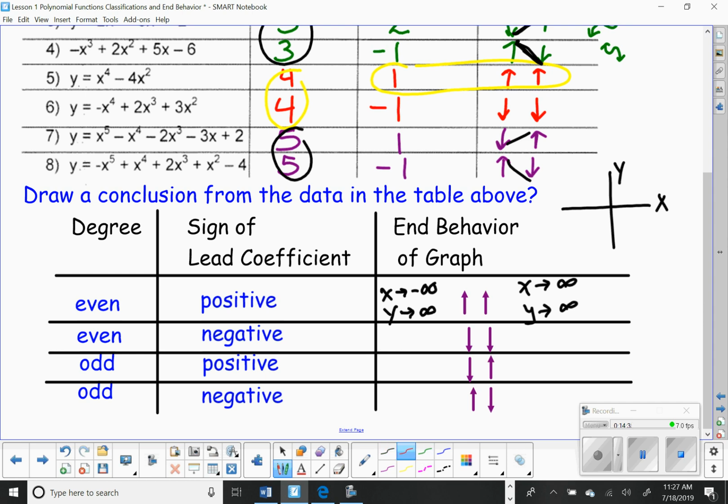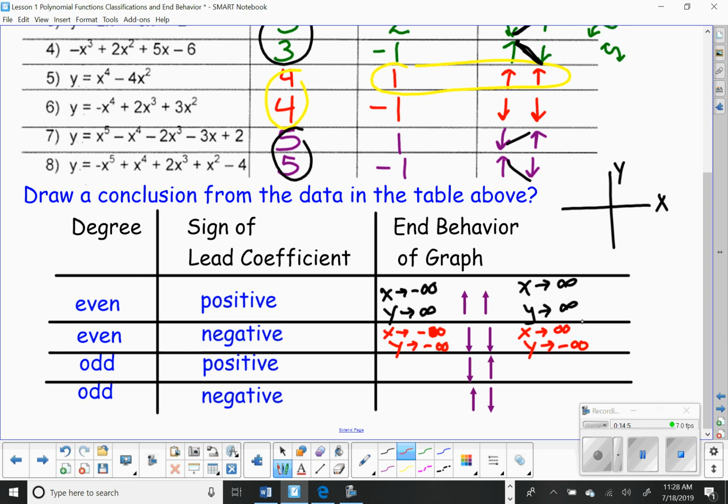Here, as x approaches negative infinity, y is approaching negative infinity. As x approaches positive infinity, y is approaching negative infinity.